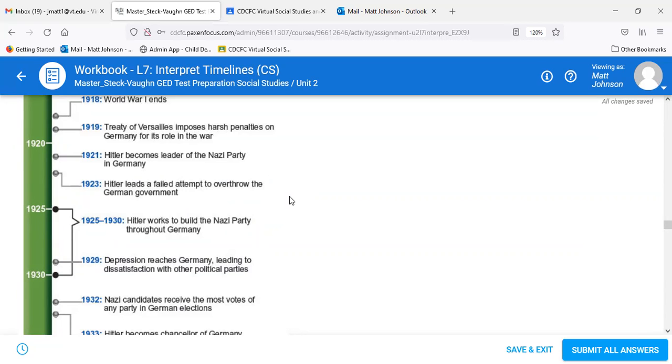Still a small group, a fledgling group here. 1923, Hitler leads a failed attempt to overthrow the German government. This is called the Beer Hall Putsch.